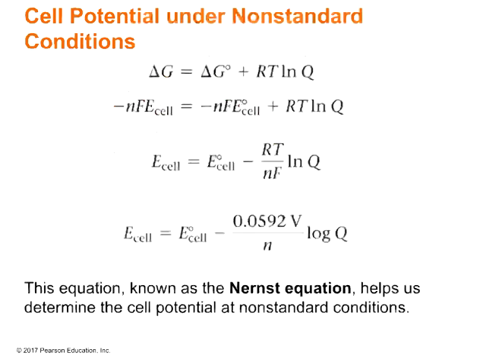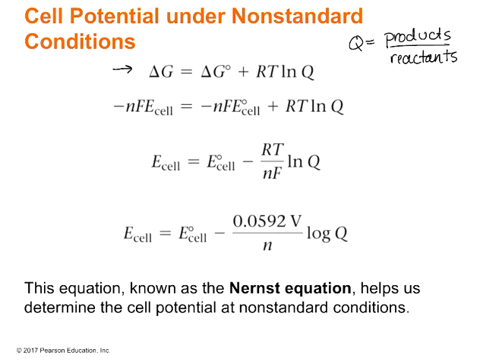Now remember that from our previous discussion of Gibbs free energy, we saw that delta G under non-standard conditions is equal to delta G under standard conditions plus RT times the natural log of Q. And remember, Q is our reaction quotient, where we have products over reactants.